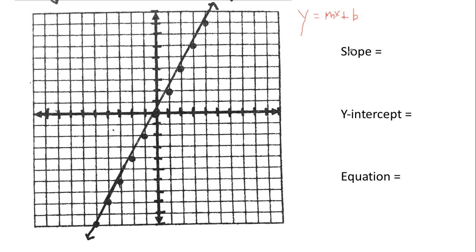So you want to look at the graph. You want to find the slope. First you find the y-intercept. Then write the equation. Okay, so when you find that answer, show me, and then you're going to work on the sheet for today. And if you need help, please ask so that you can finish that work.